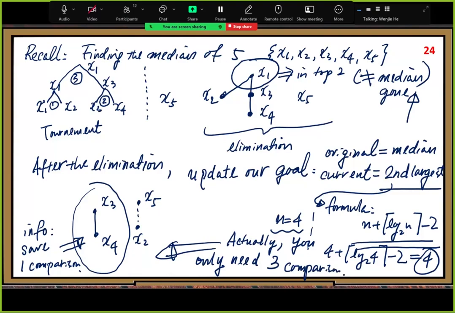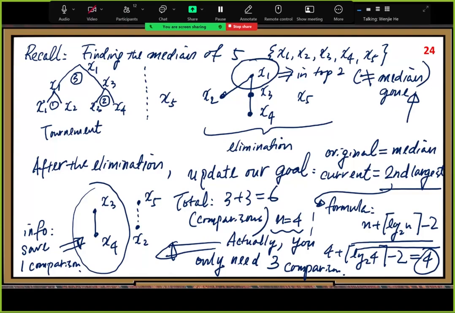So the total number of comparisons is 3 plus 3, 6 comparisons. That's how we solved the median of 5 problem using 6 comparisons.